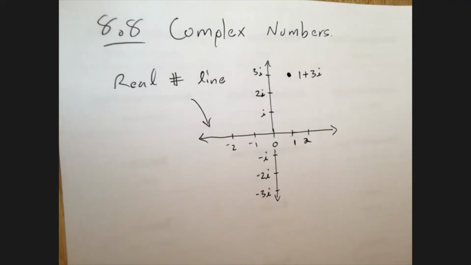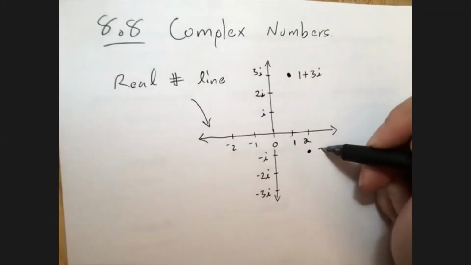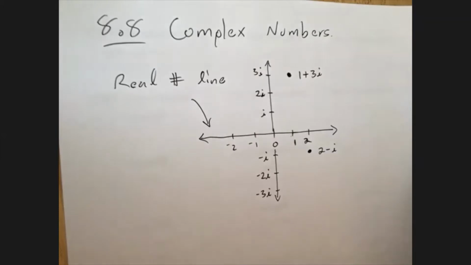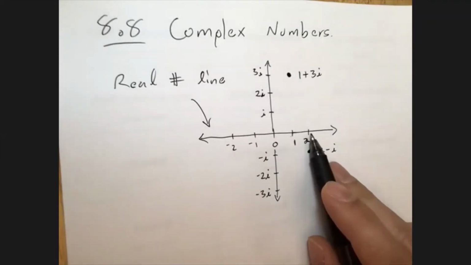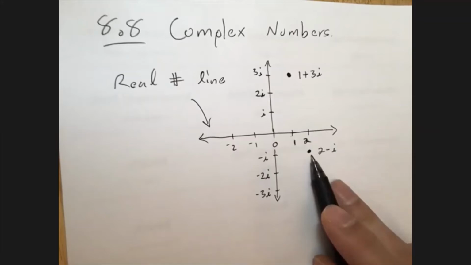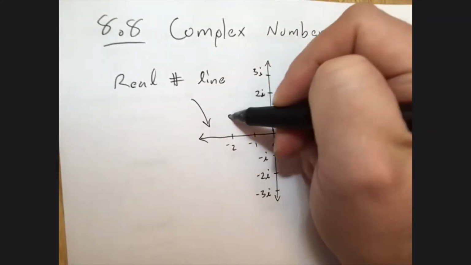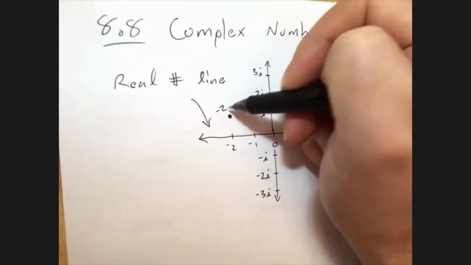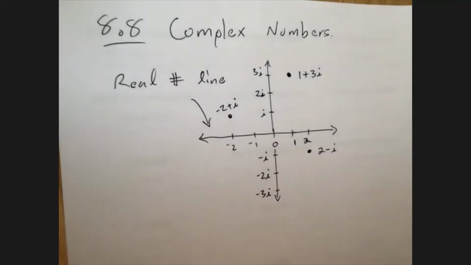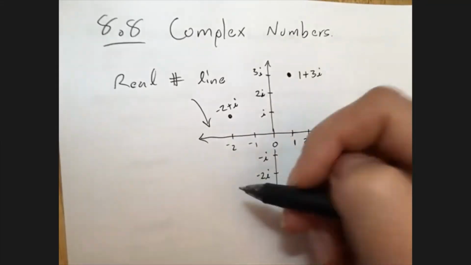So just by adding these, I position myself somewhere in this coordinate system. If I take a point over here, that's the number 2 minus i, because I went 2 in the real number direction and then down 1 in the i direction. Or here's -2 plus i. I could do -2 minus 3i.